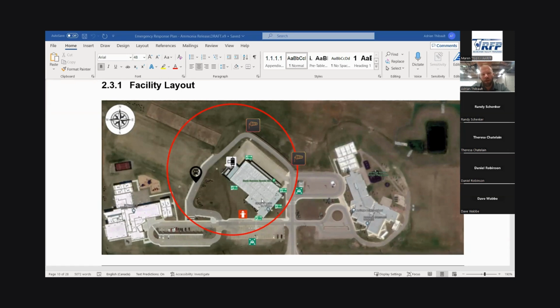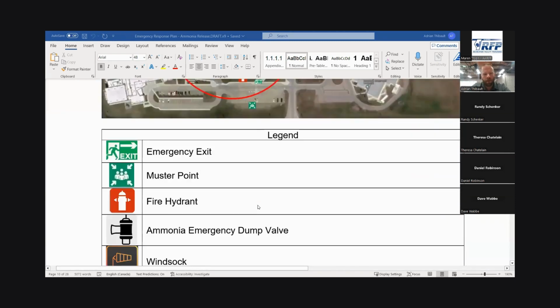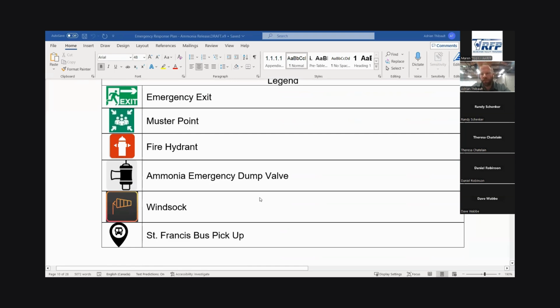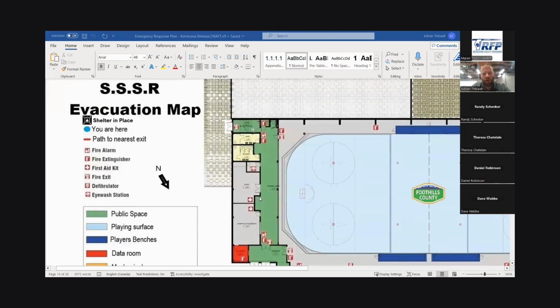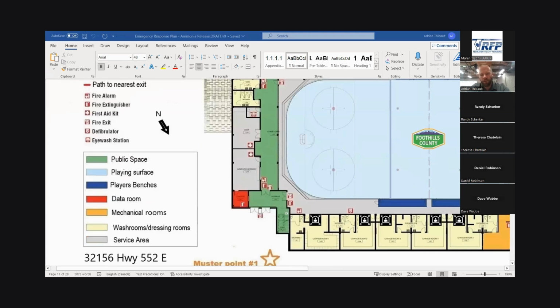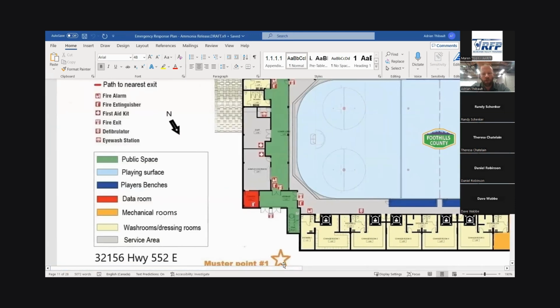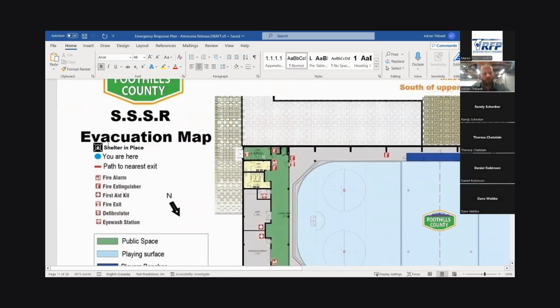Any questions about the map at all? About windsocks? So you could see obviously a legend here. We have our evacuation maps. These are the same maps we put together for the building here, with all entry and exit points, stairwells, stuff like that. In this is also our shelter in place markings.